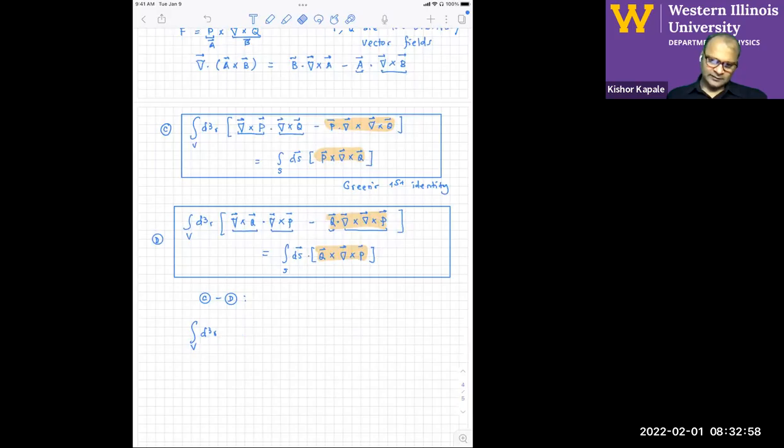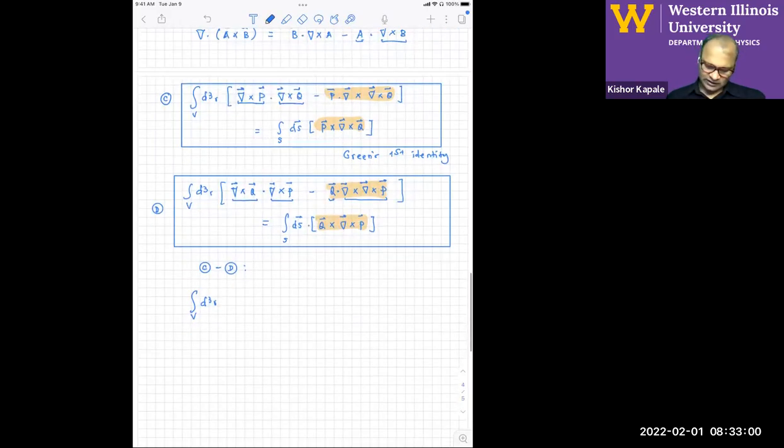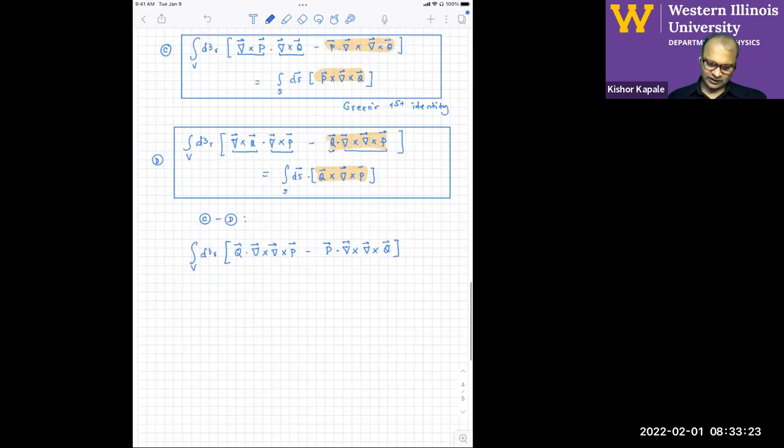So we're going to get Q dotted with curl of P, minus similar term for P and Q interchange. So P dotted with curl of Q. That's all that we will have in the volume integral part.